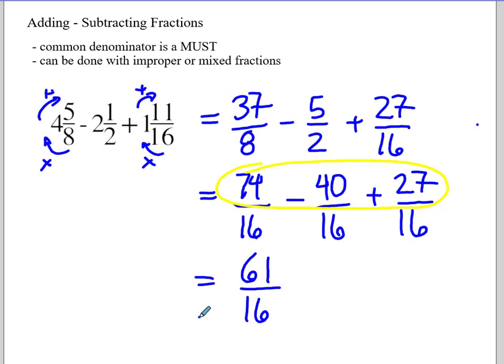I might reduce it to a mixed fraction, so how many 16s fit into 61? 3 of them do, for 48, and that leaves me with 61 minus 48, which is 13 left over. 13 sixteenths left over. Remember, common denominators are a must for adding and subtracting fractions.